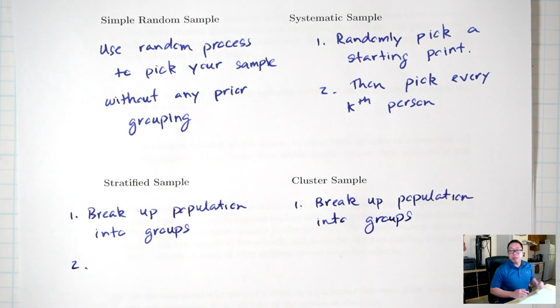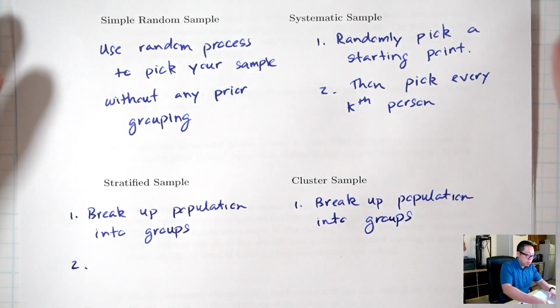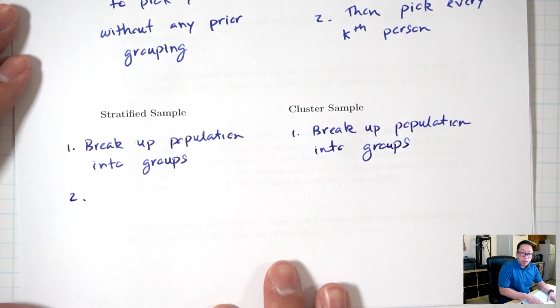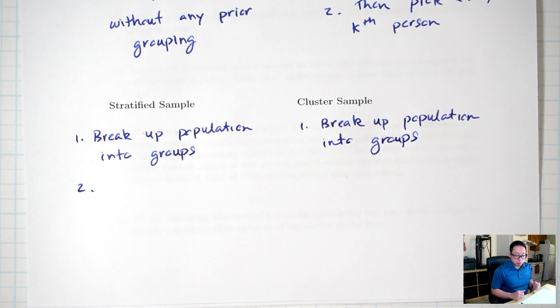And what distinguishes them is what you do after that. So in a stratified sample, after you break up the population into groups, you're going to randomly pick some people from every single group.